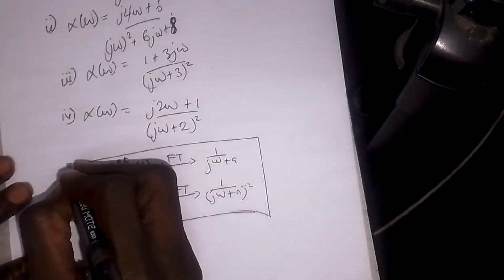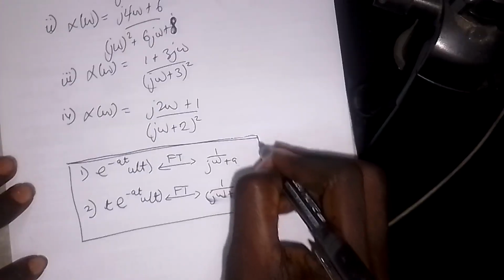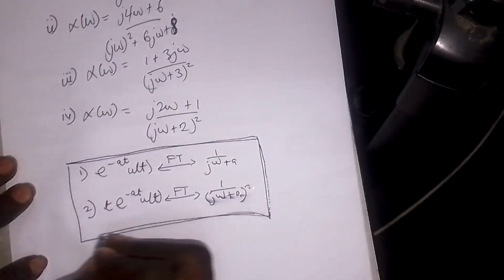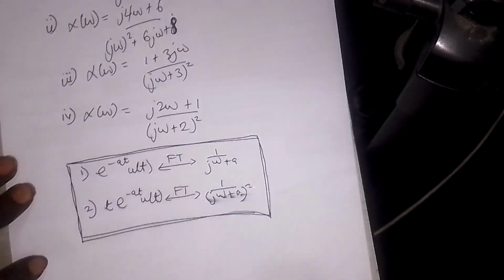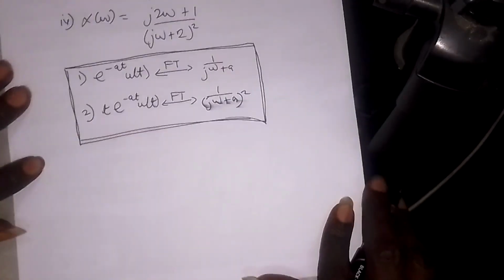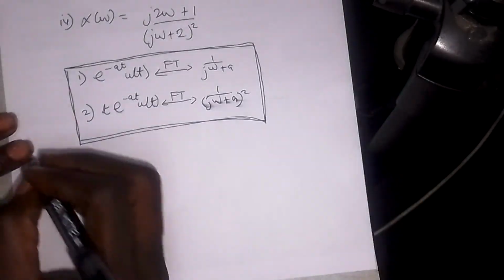Okay, so always remember these equations. They're going to be very important for you to use in the partial fraction method. Okay, so having known this, let's go on to our first question. So this is our first question.